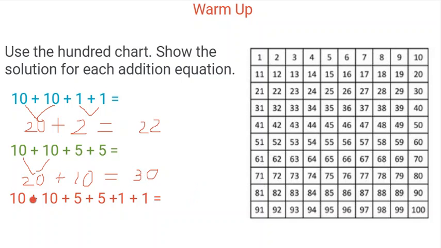Now let's take a look at equation number 3. We have 10 plus 10 plus 5 plus 5 plus 1 plus 1. Well, wait a minute. We know that 10 plus 10 plus 5 plus 5 is equal to 30. But I'm still going to draw it out here. There's 20. And then plus 10, plus, let's do that one as well, 2. See, I'm bringing it down. We have this 2 up here. We know that this is 20.